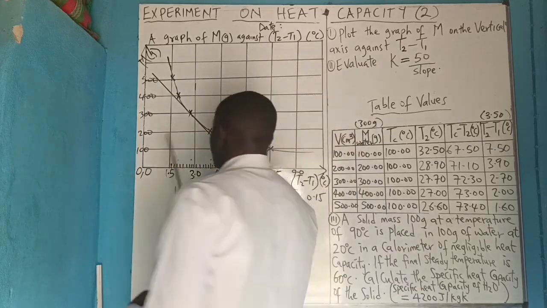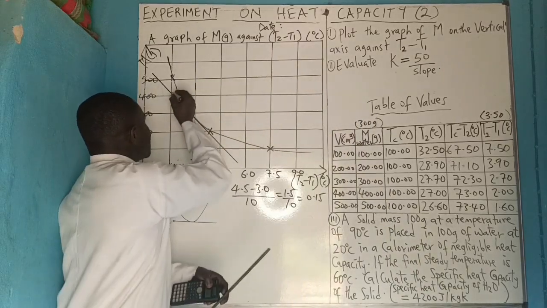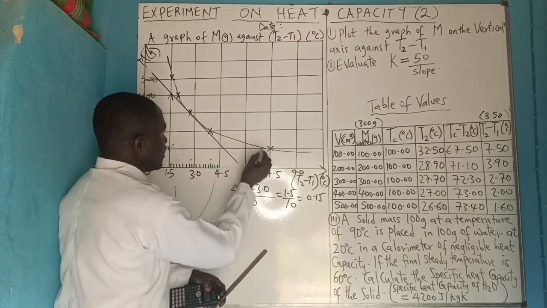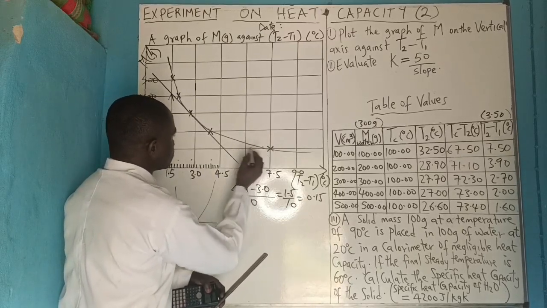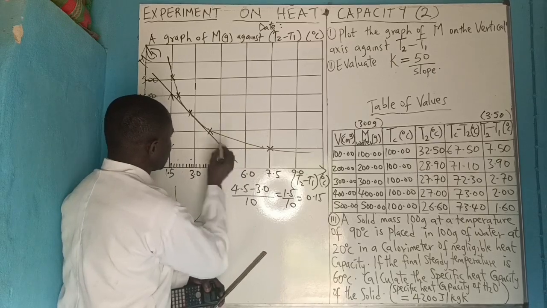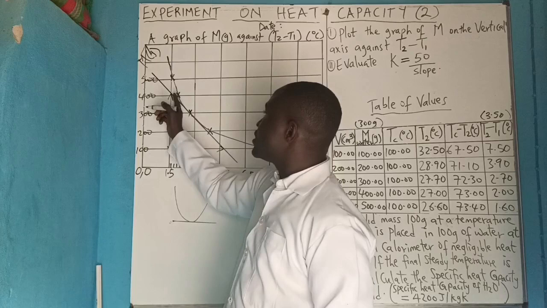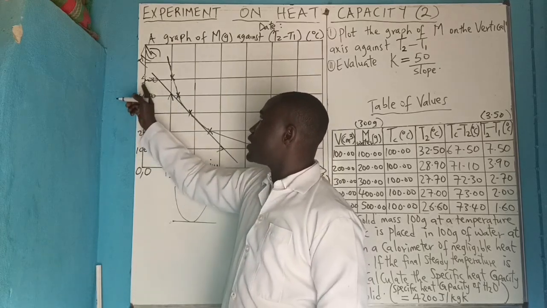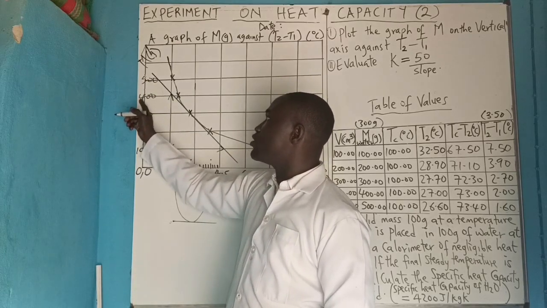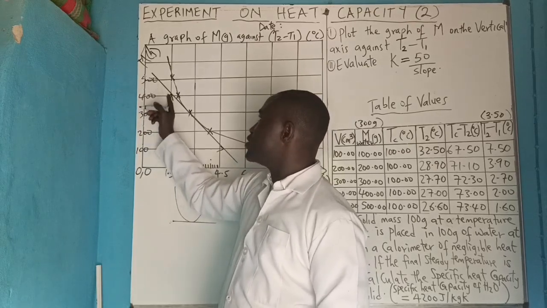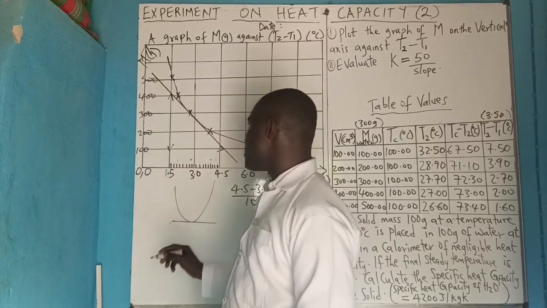How? You say take a line from here to here and to here. You now notice that here is 400. 500 minus 400 is 100 divided by 10, 10. So here can be 410.